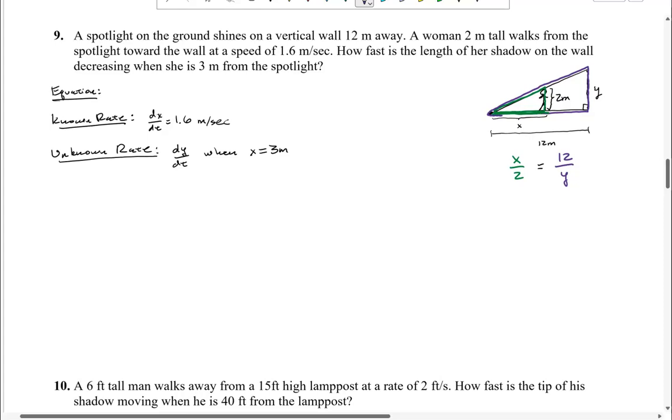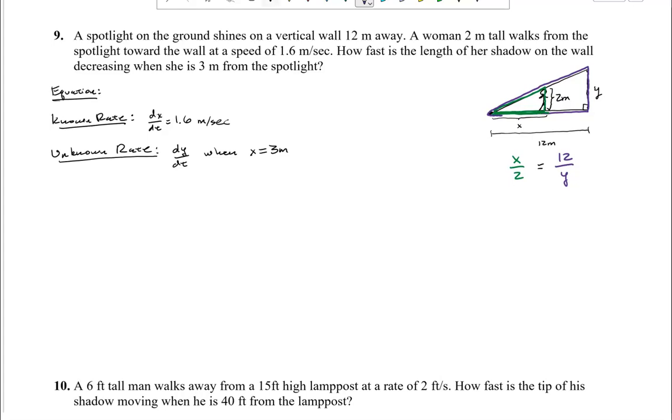So again, we're just saying that the corresponding sides of these similar triangles are proportional, which means that if we take the ratio of the horizontal length of the green over the vertical length of the green, that should equal the horizontal length of the purple over the vertical length of the purple.